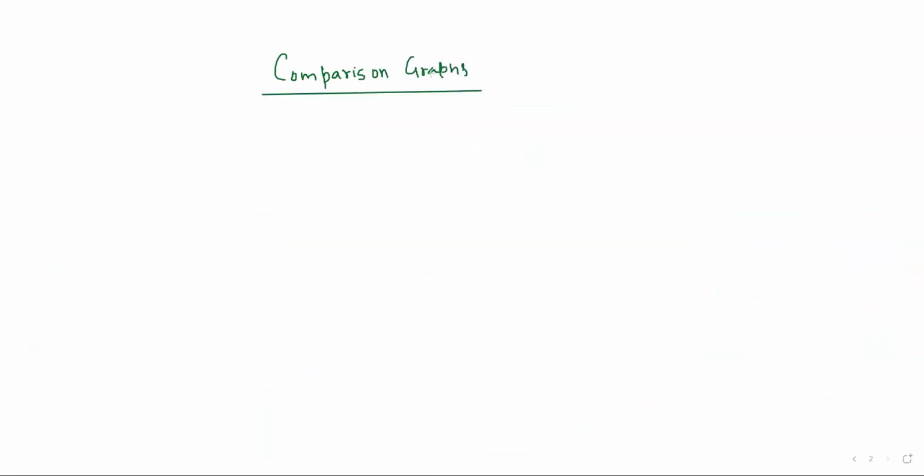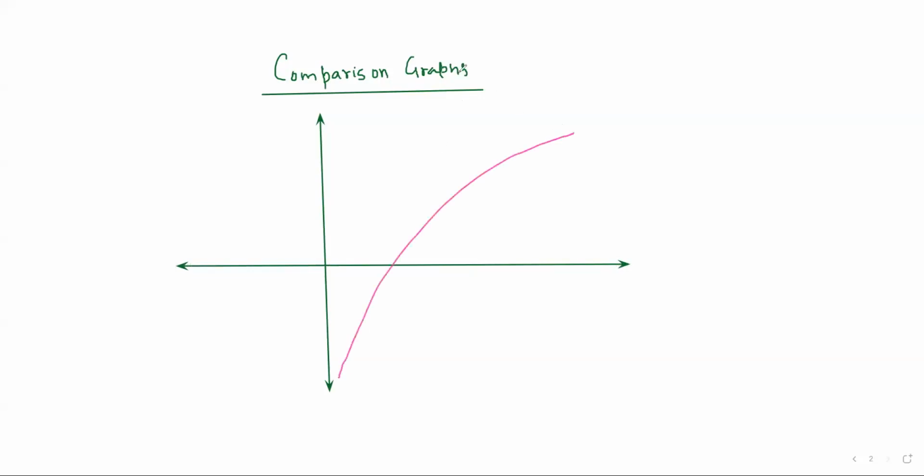Comparison of graphs. So let's say, consider the axes. First of all, draw the graph of y is equal to ln x.